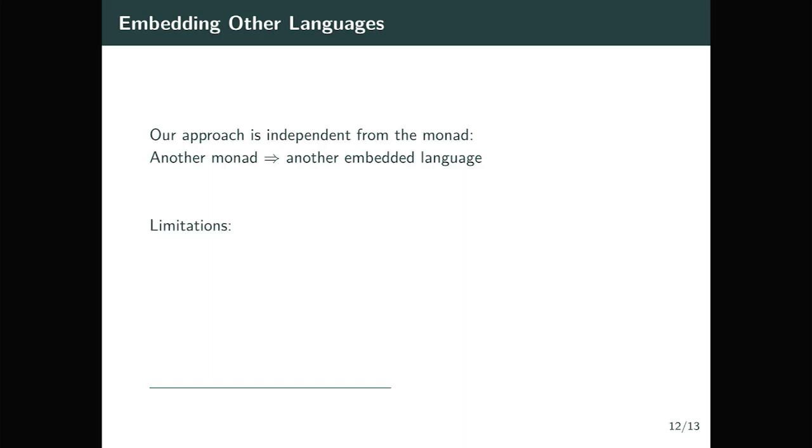However, there are some limitations. One of them is we are restricted to the syntax of Haskell. Curry or functional logic programming is a good example because the syntax is basically identical to Haskell. But if you think of other languages, you might want to add other syntax.